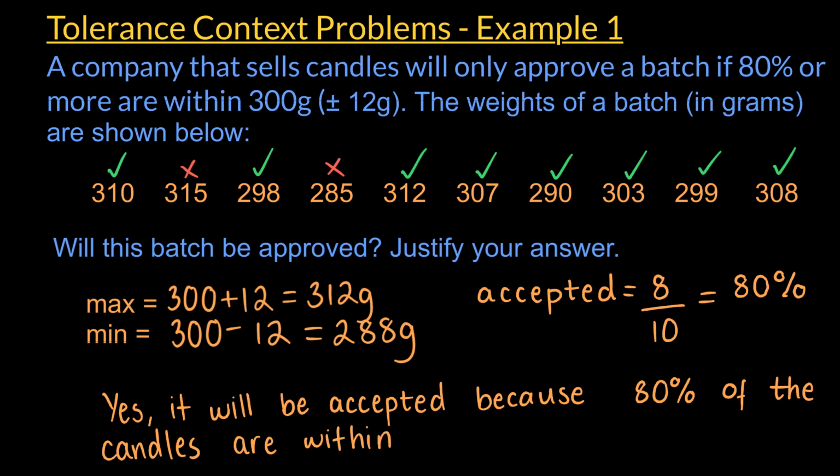And we can just write are within 300 grams plus or minus 12 grams. Don't worry if your sentence is a little bit different to mine. That's totally fine, as long as you say yes and back it up with some numbers.